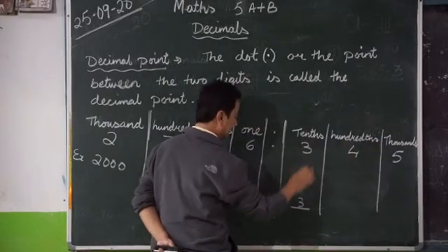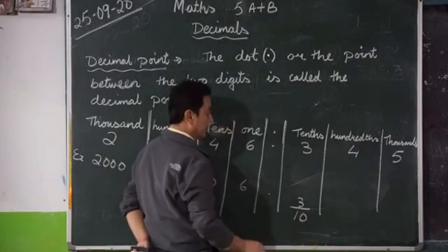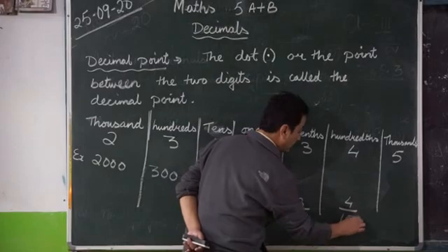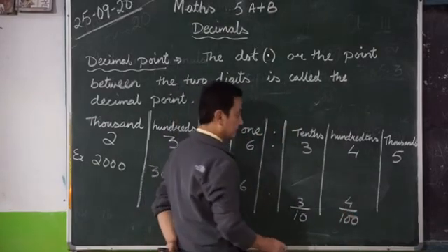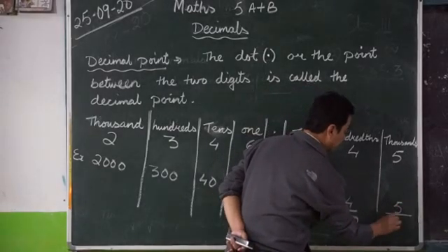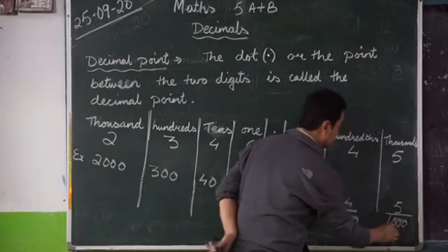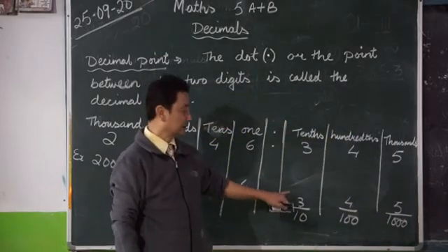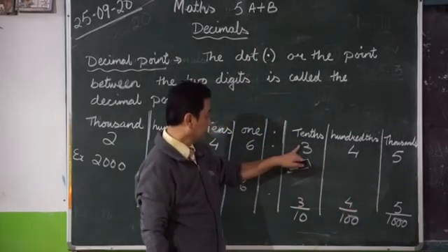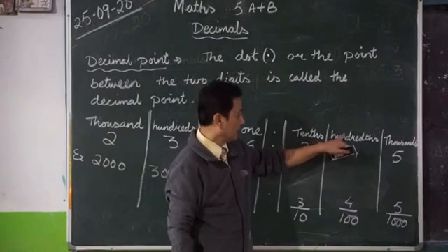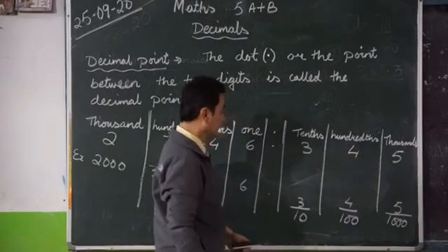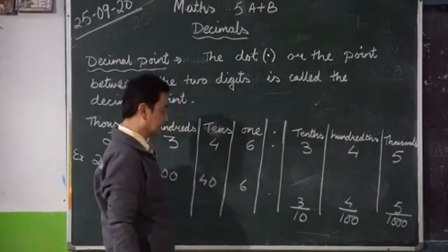So 3 tenths, 3 upon 10. 4 hundredths, 4 upon 100. 5 thousandths, 5 upon 1,000. When it says tenths, it should be 10. Hundredths, hundred; thousandths, thousand. So 3 tenths, 4 hundredths, 5 thousandths, when you read that number. Okay? So this can be written in decimals also.